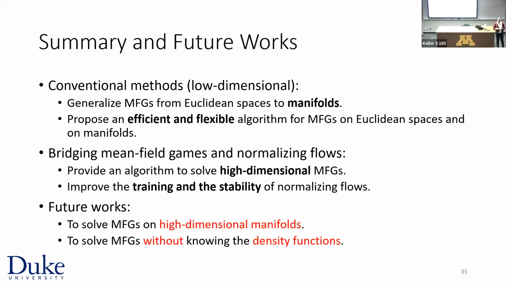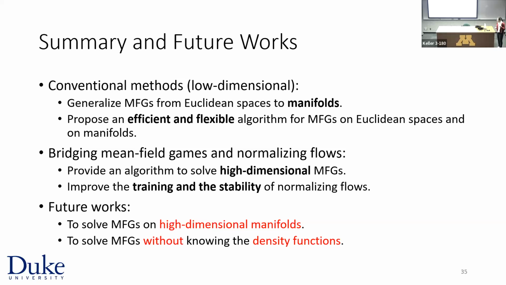And something that is worth thinking about in the future is, for example, this is just some example, how to solve the mean-field game on high-dimensional manifolds. And the other thing is this normalizing flow. You still need to know some density function.